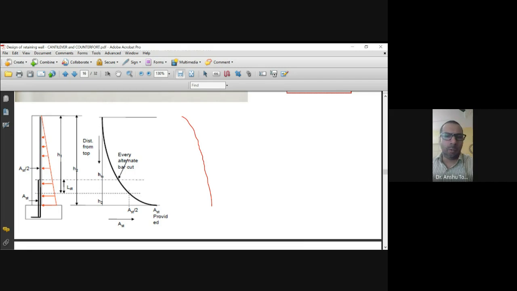and W into L. So the moment in this particular zone is maximum and it continues to reduce above. It will be something like this. So we don't require that much reinforcement in this particular zone.